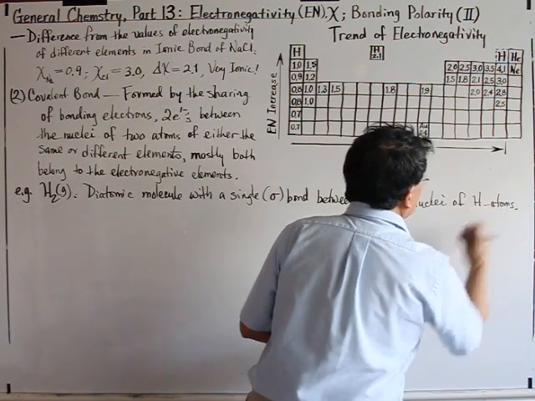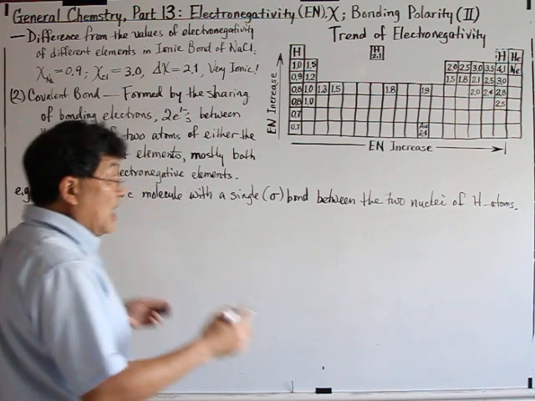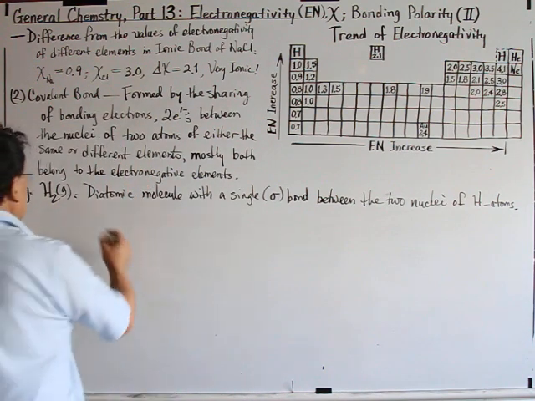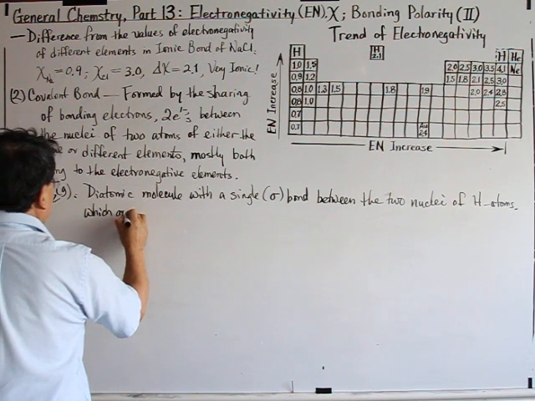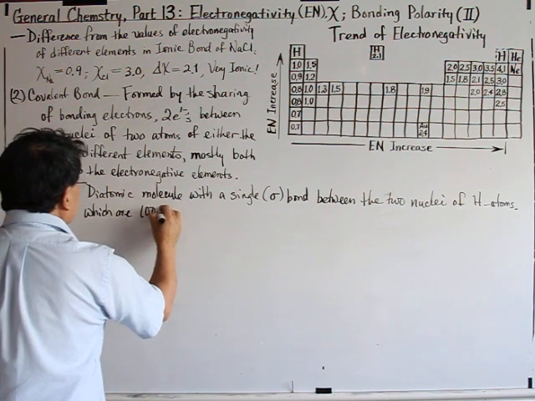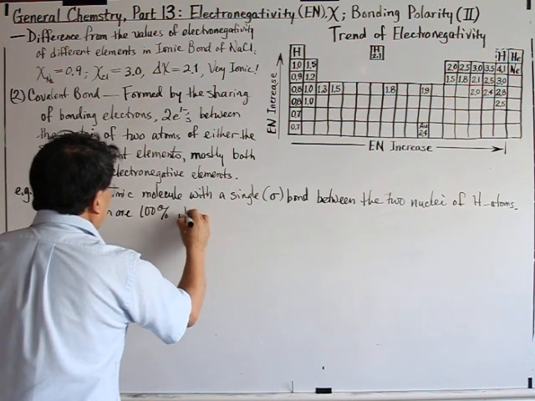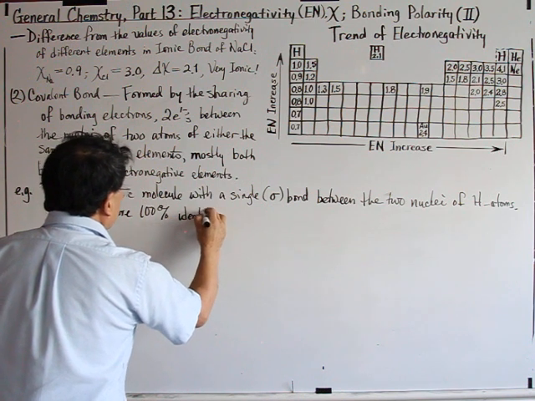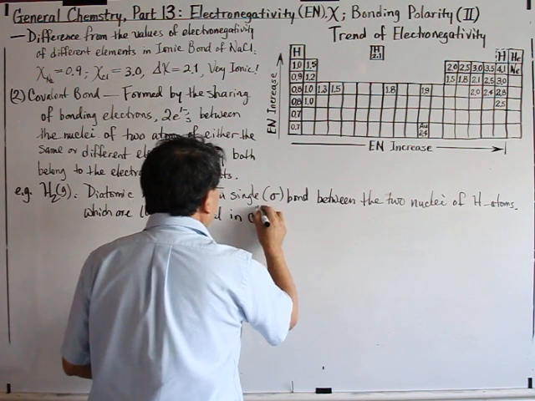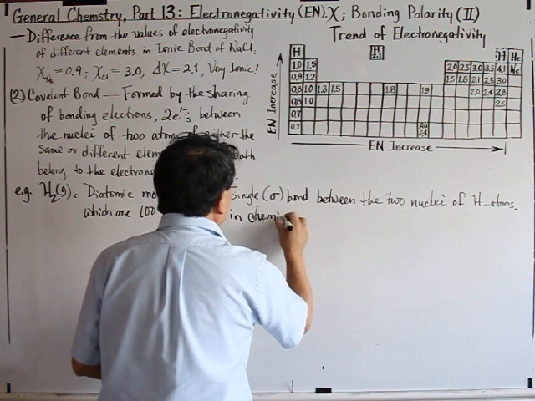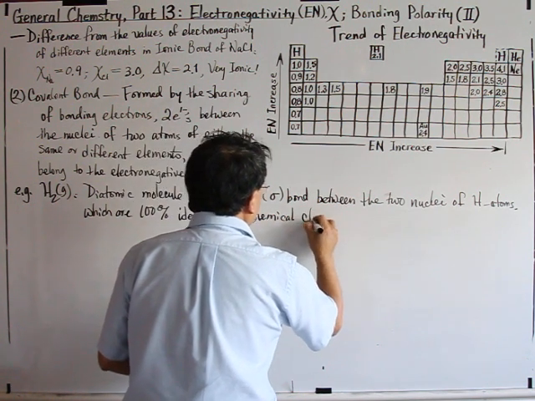The two hydrogen atoms are identical. They are exactly the same, 100% identical in their chemical character.